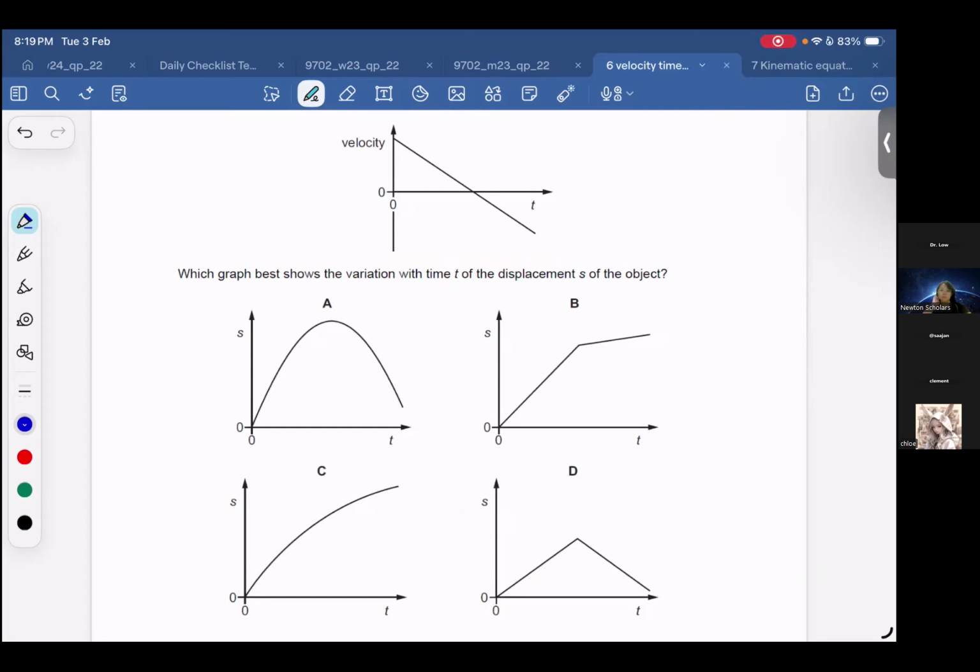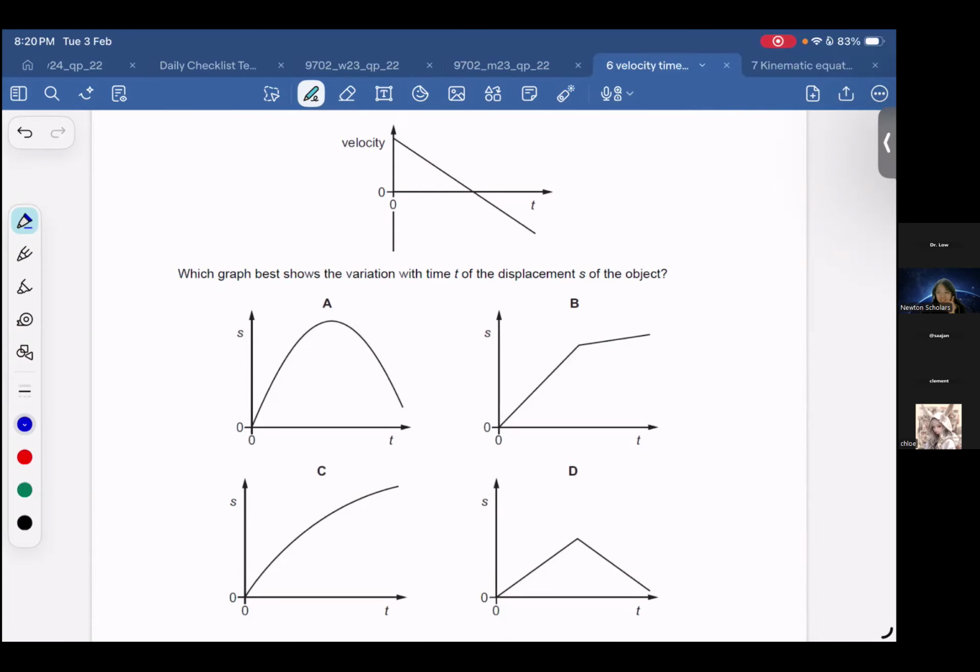Think again. Chloe, no. Jiaxuan, yes. Junxiong, no. Sajan, no.